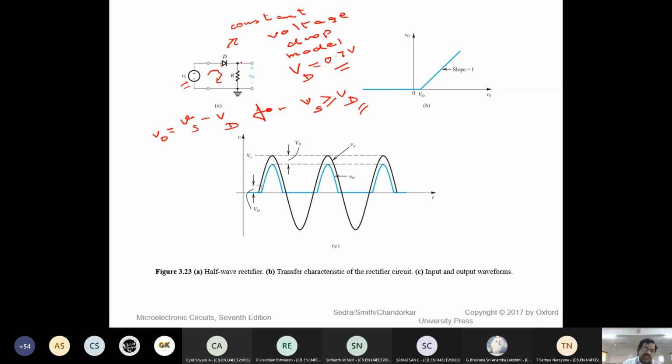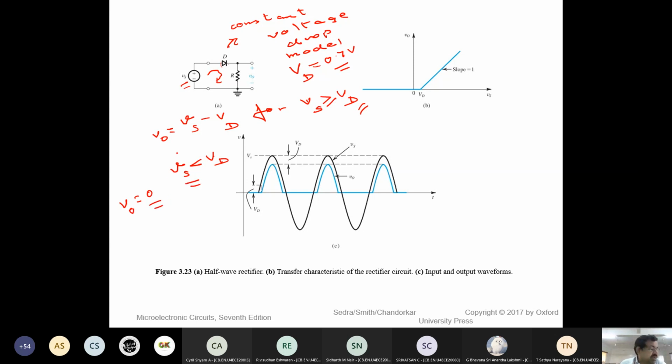That is when it starts to get the voltage driven. Okay, so this is as far as the forward bias. Now, what about the reverse bias? It will not conduct. So for all voltages less than Vd, V out will be 0.